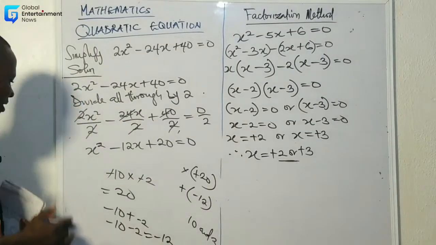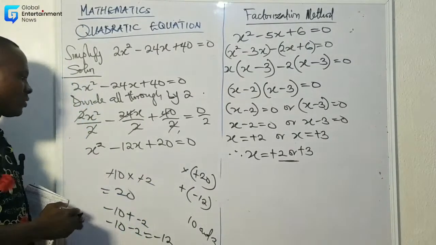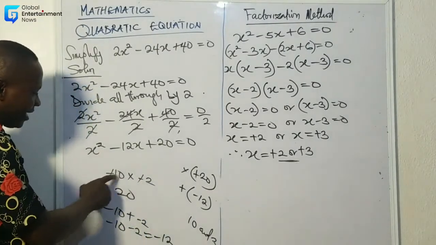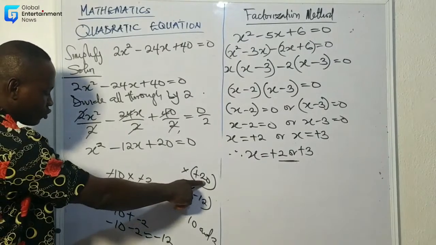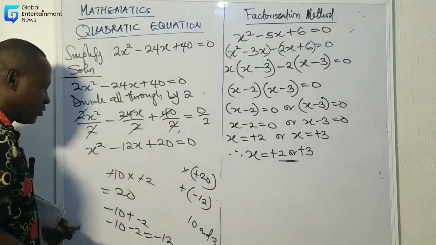So the two numbers we are using now are minus 10 and minus 2. When we multiply minus 10 times minus 2, it gives us plus 20, and when we sum them up, it gives us minus 12.